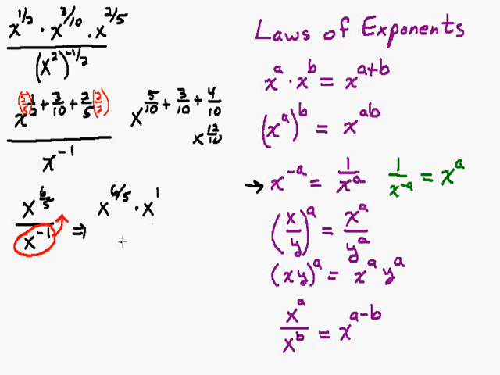And that would all be over 1 because there's nothing left in the denominator, and over 1 is just nothing, so I don't have to write that. Now I have something that looks like the first rule, so I can add these exponents. So I have to do 6/5 plus 1, and 1 is 5/5. So that gives me x to the 11/5, and that would be my answer.